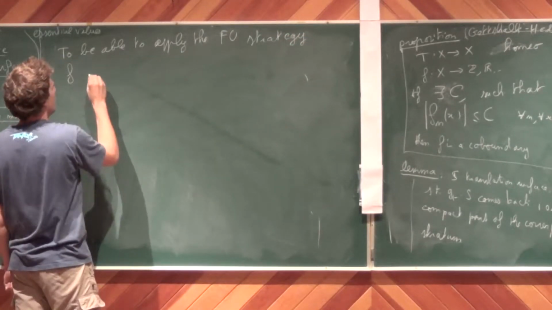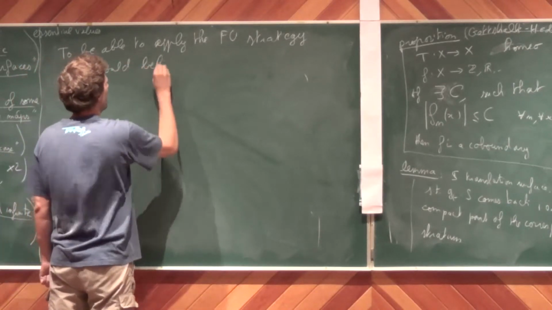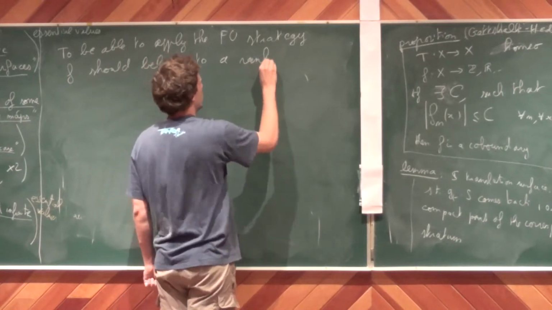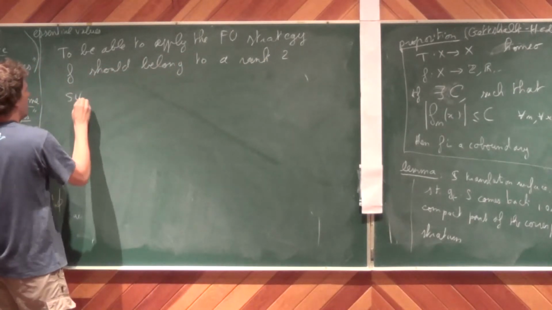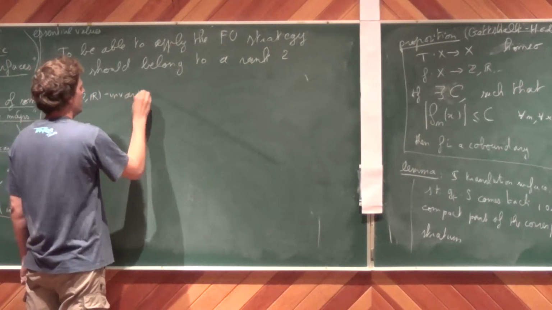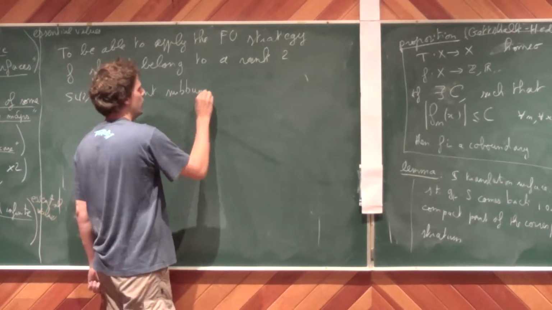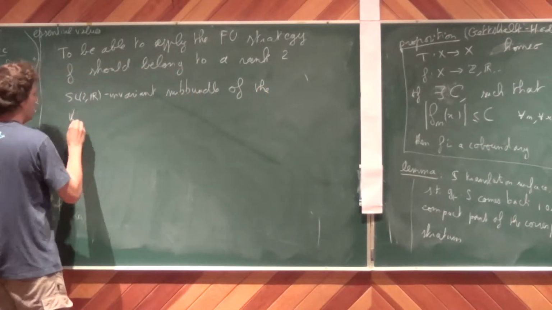Thus, the strategy: F should belong to rank 2, so dimension 2, rank 2, SL2R invariance, sub-bundle of the consecutive cosine.